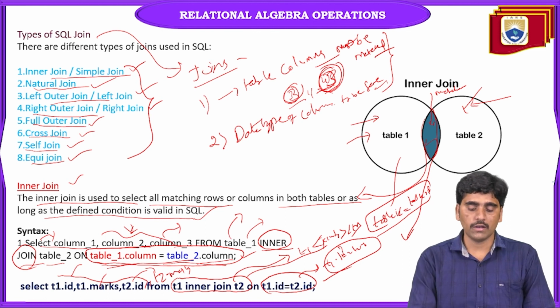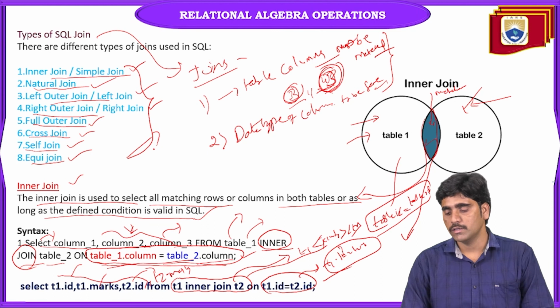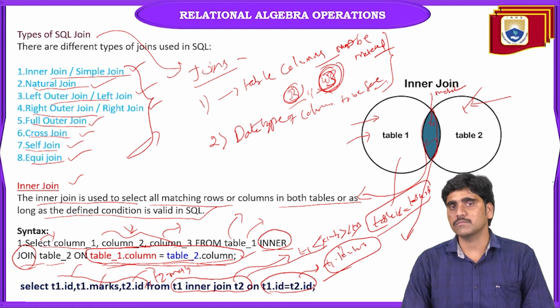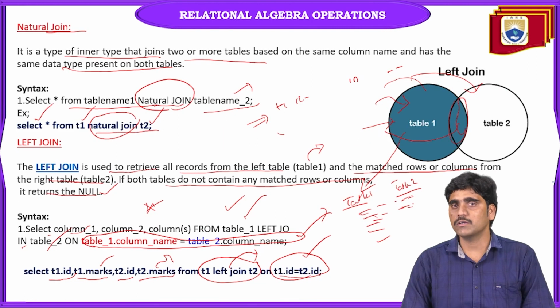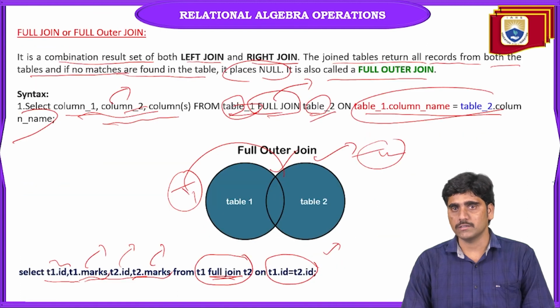So you have all the different types of joins. But to perform join operations, the columns in the two tables must be the same size and the data types must be the same.